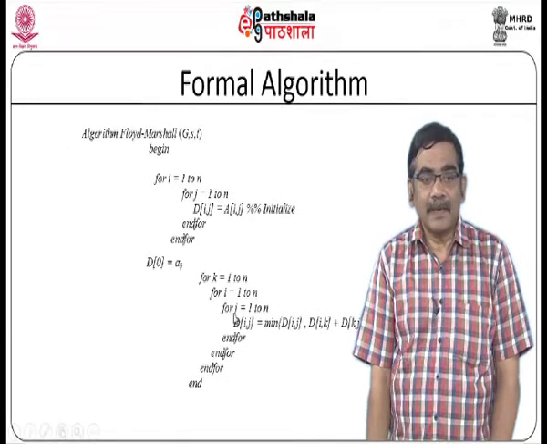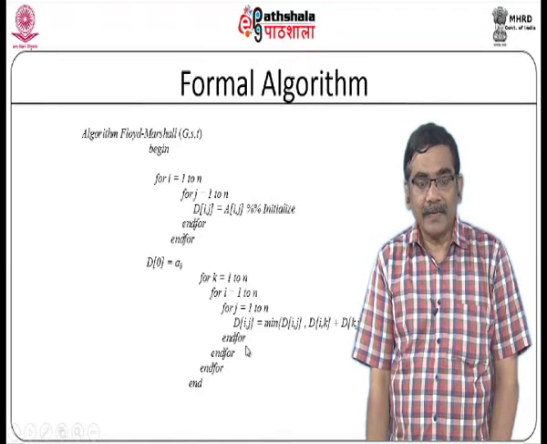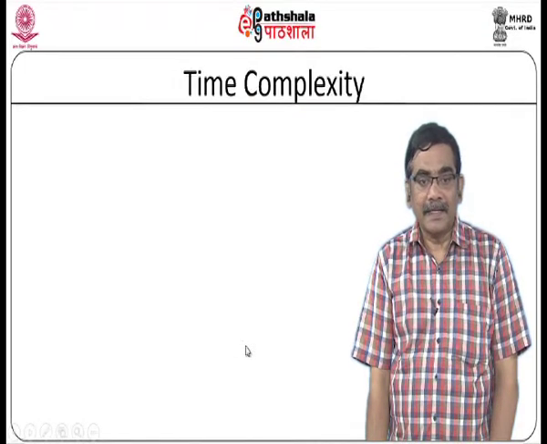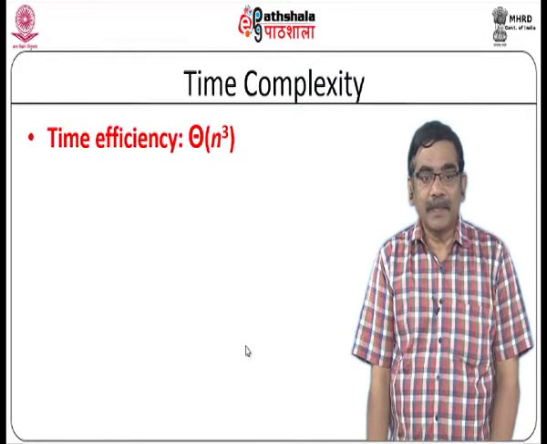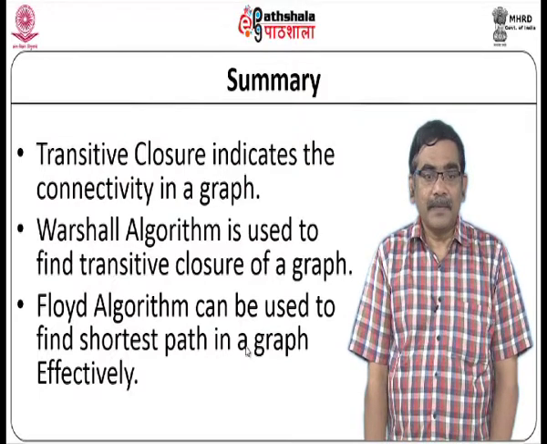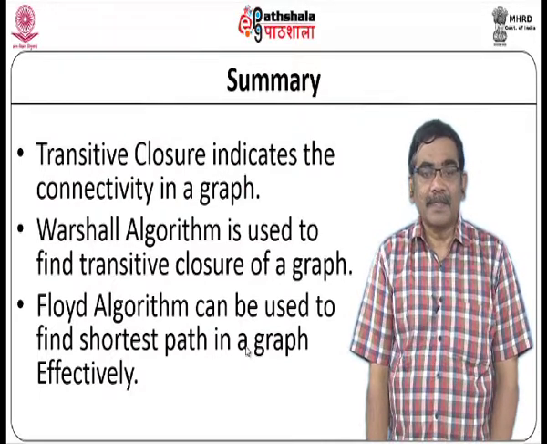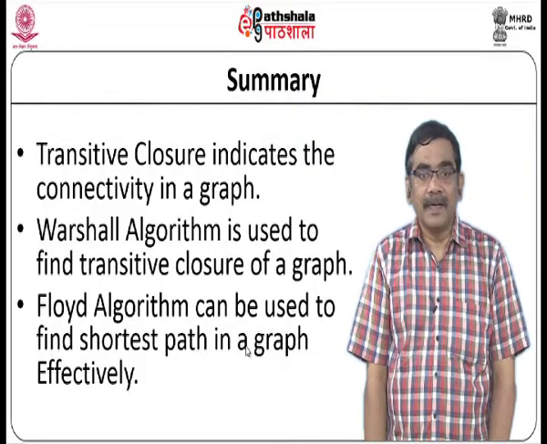This is the formal algorithm. Here we initialize, and here we refine at every iteration stage. The complexity is theta of n cube, and the space efficiency is theta of n square. In summary, transitive closure indicates the connectivity in a graph.